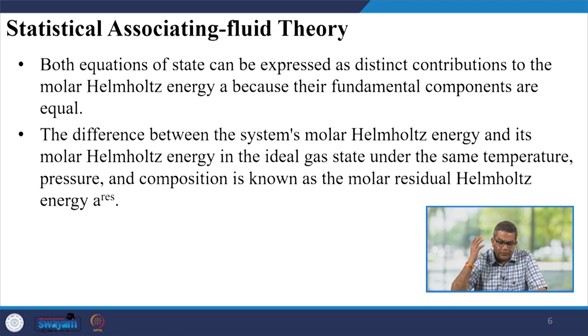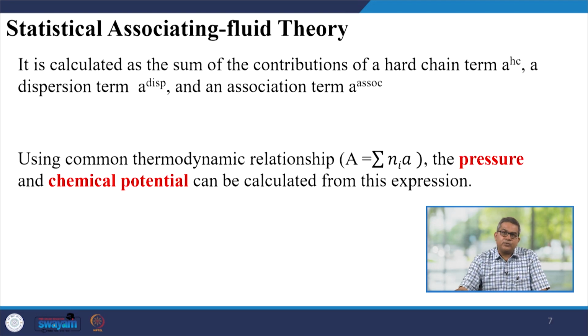Now, both equations of state can be expressed as distinct contributions to the molar Helmholtz energy because the fundamental components are equal. The difference between the system's molar Helmholtz energy and its molar Helmholtz energy in the ideal gas state at the same temperature, pressure and composition is known as the molar residual Helmholtz energy, which is represented as A residual.